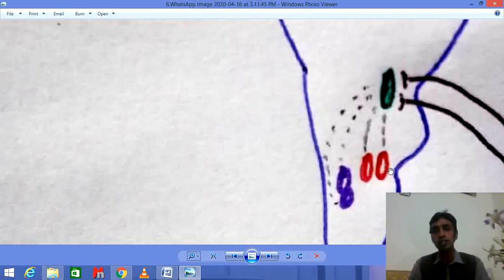It increases the heart rate. This is the vasoconstrictor center. It constricts the blood vessels. This is the vasodilator center. It dilates the blood vessels. So when and in which condition these nucleuses will be activated will be shown in the next diagram.